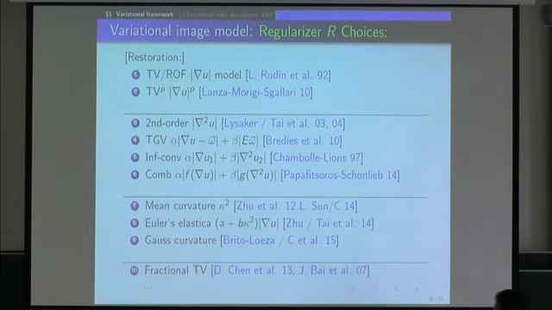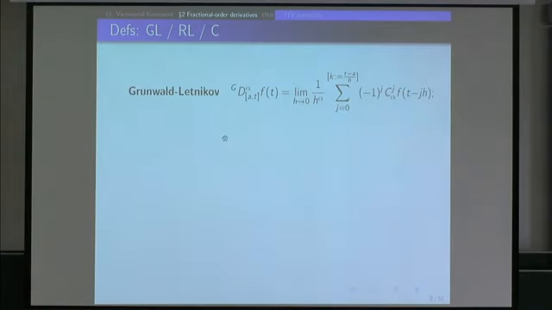They have been found very effective, and because there are various definitions and boundary conditions, people tried their own choice, and so there are no systematic studies of this fractional TV. So this is where my starting point is. Let me give you the 3 common definitions, and then talk about some properties before applications.